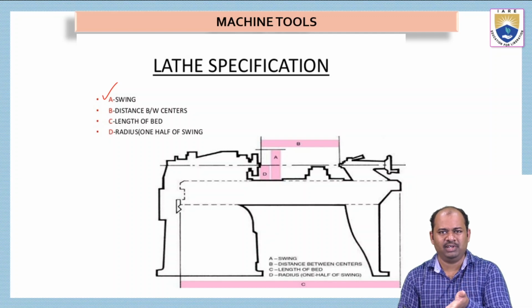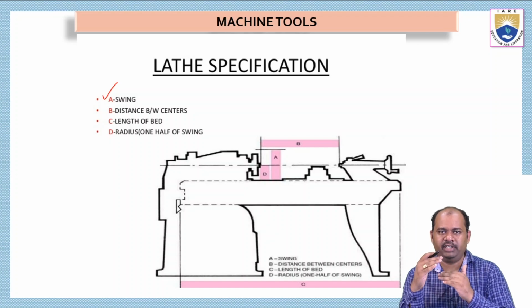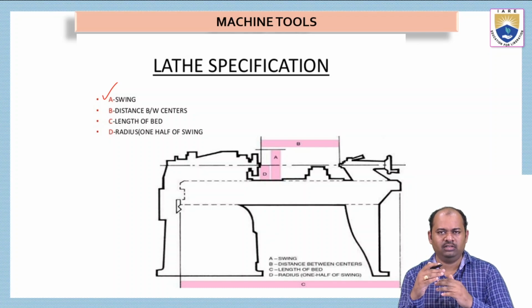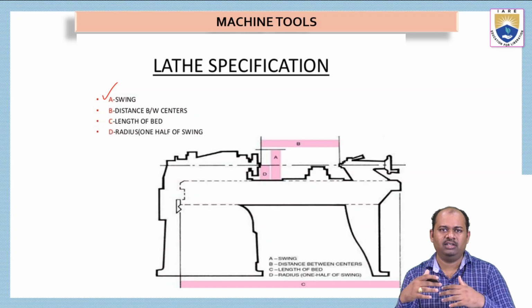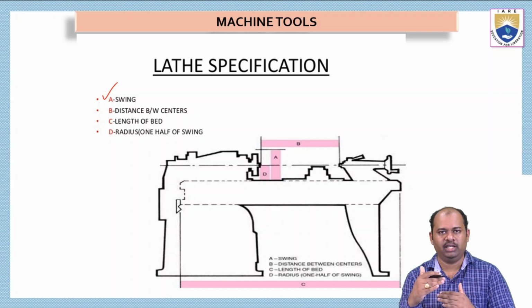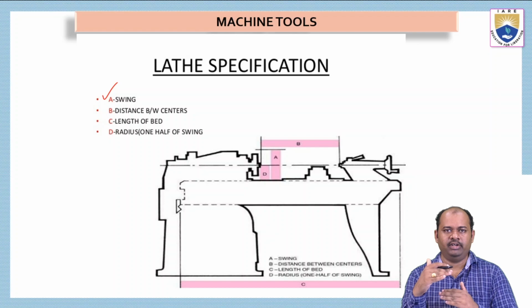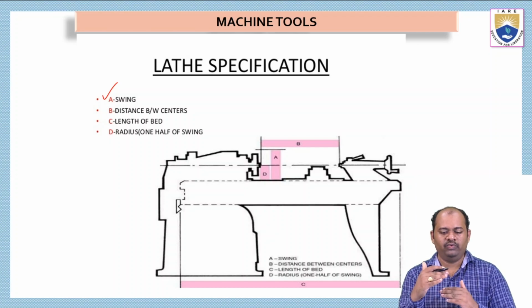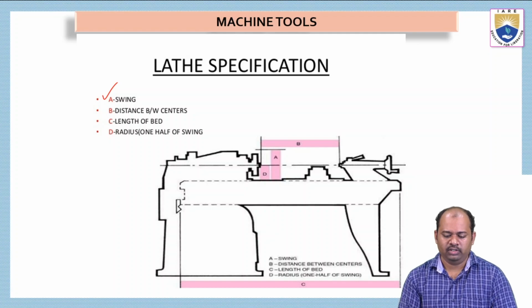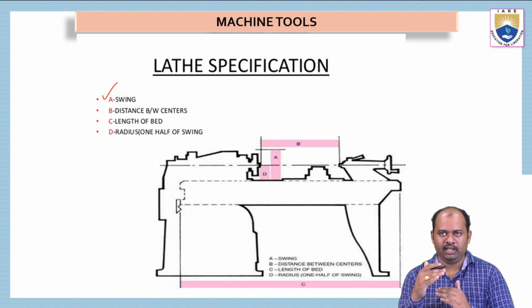This area is limited to some value, because the workpiece will not rotate in all directions. It will rotate in an area through which the workpiece will be rotating. So this is called swing. This area of rotation of the workpiece is called swing.